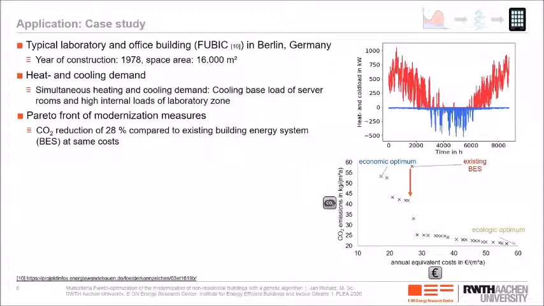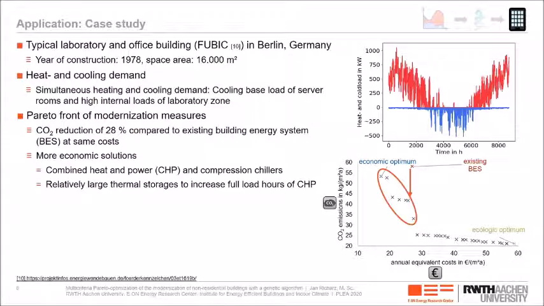The emission reduction potential compared to the existing energy system is about 28%. In the near of the economic optimum, we see CHP and compression chillers in different sizes covering the demand. The compromise solutions include mainly pellet boilers and compression chillers due to the CO2 reduction potential of wood.